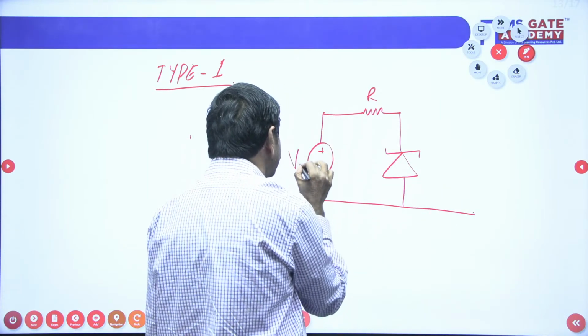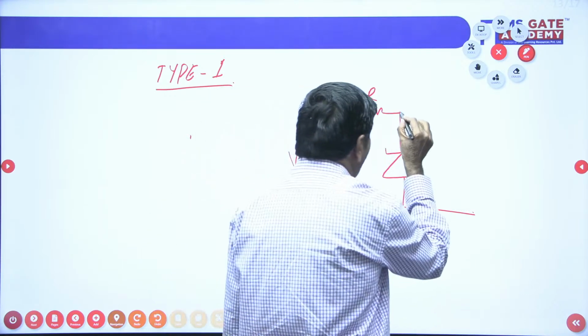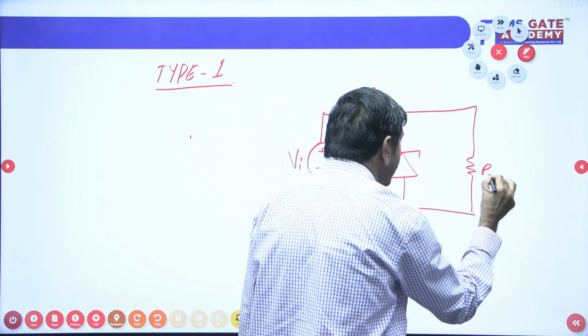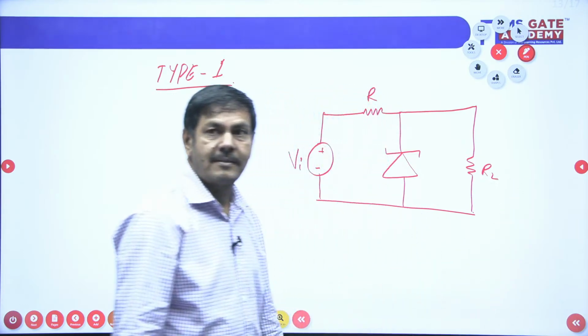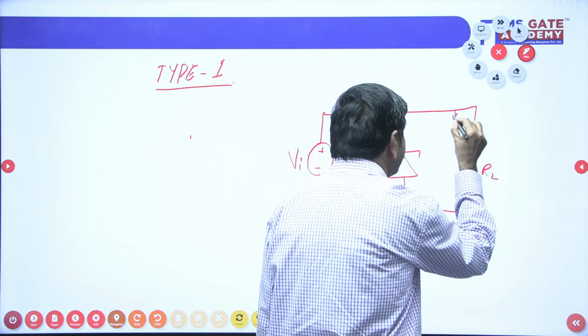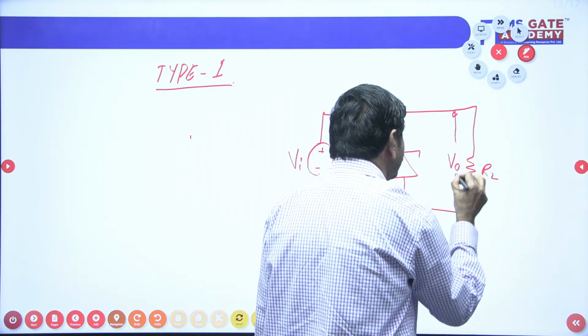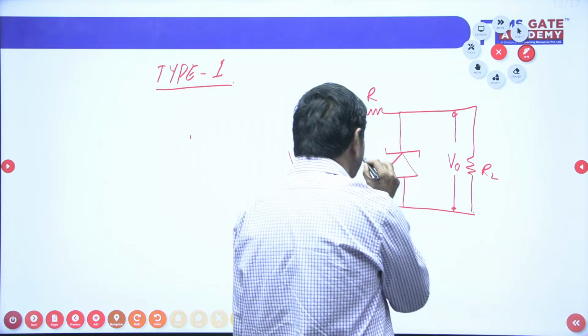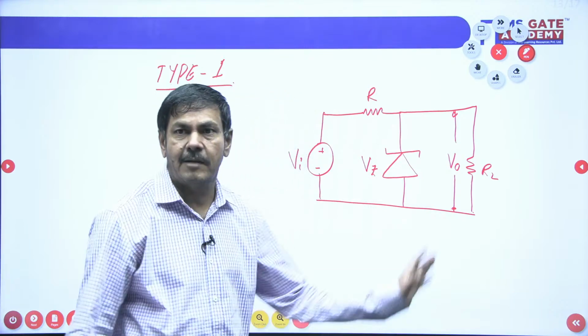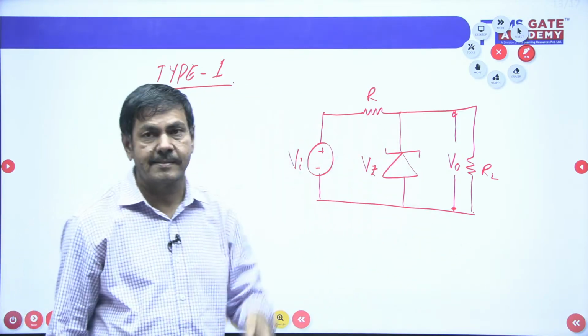This VI is the input voltage. I connect the load here. This is the load resistance. I want to take the voltage across RL as V naught, and the voltage across the Zener I take as VZ. In the GATE exam you will find a type 1 circuit like this.